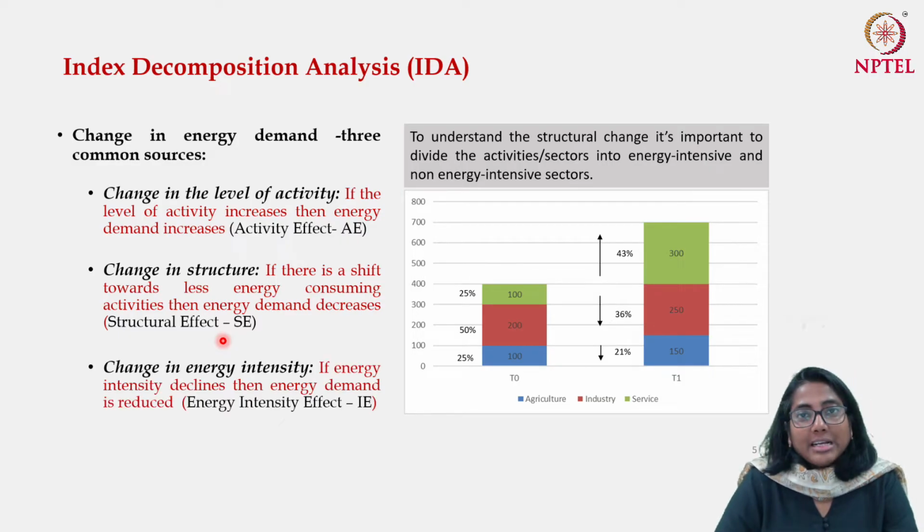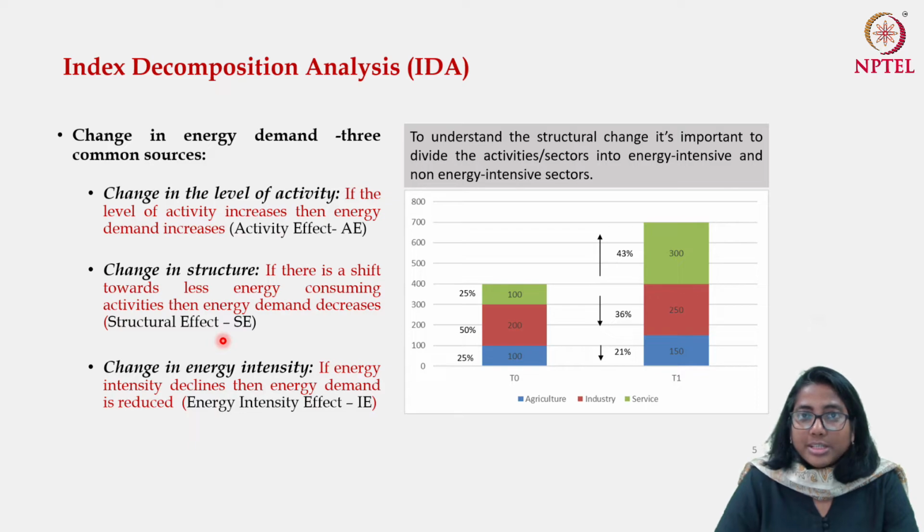The third part is fairly simple. This is about the energy intensity effect. So if the system of production and system of consumption becomes more and more efficient over time, then to produce the same amount of thing, you need less amount of energy. So that is the reduction in energy intensity.